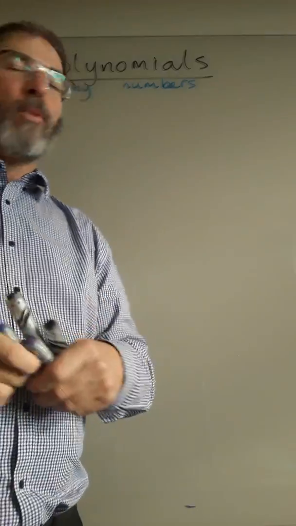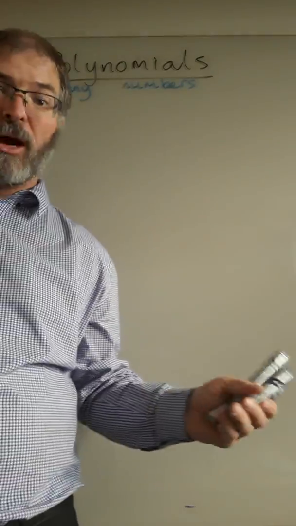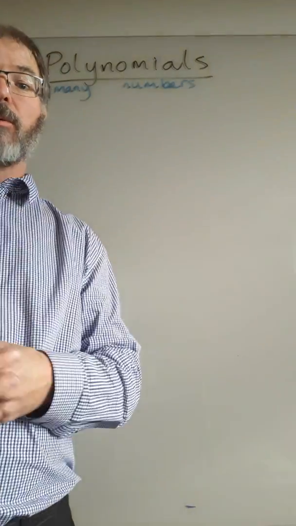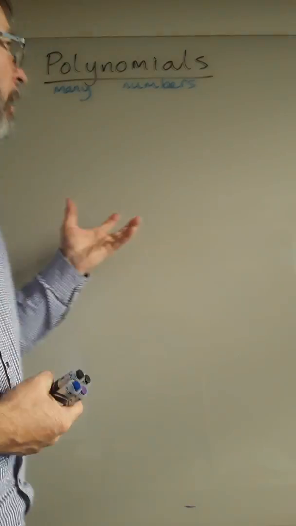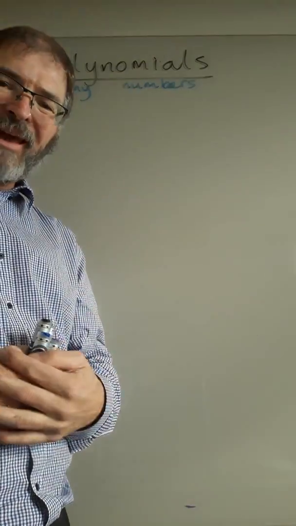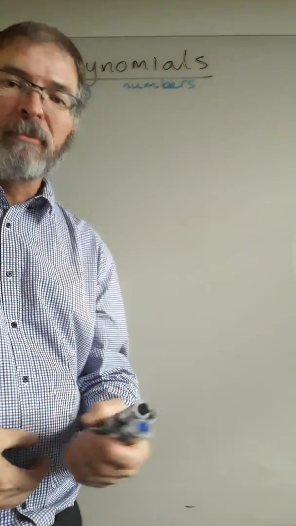Well, we've talked about binomials before. We've talked about trinomials, a quadratic trinomial where it has three terms that make it up. Well, a polynomial is just made up of many terms, and a trinomial comes under the giant category of a polynomial.